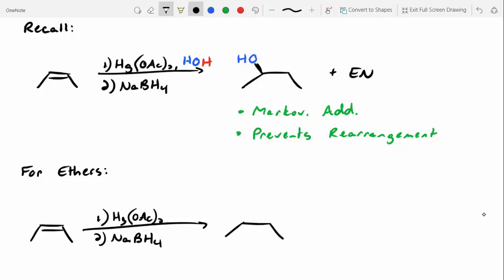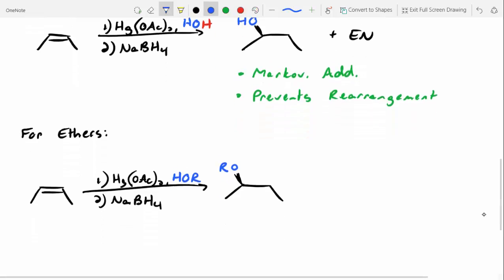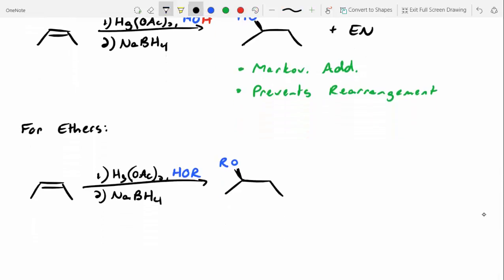And then when we do this, we now get an ether installed. And in order for this to happen, we have to use an alcohol, not water. Just like with the other one, this avoids rearrangements. You get a mixture of enantiomers out. All you have to do differently is use an alcohol.